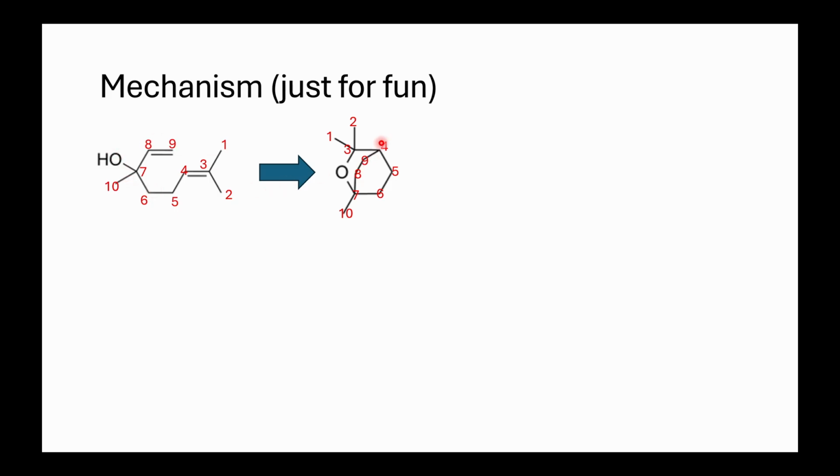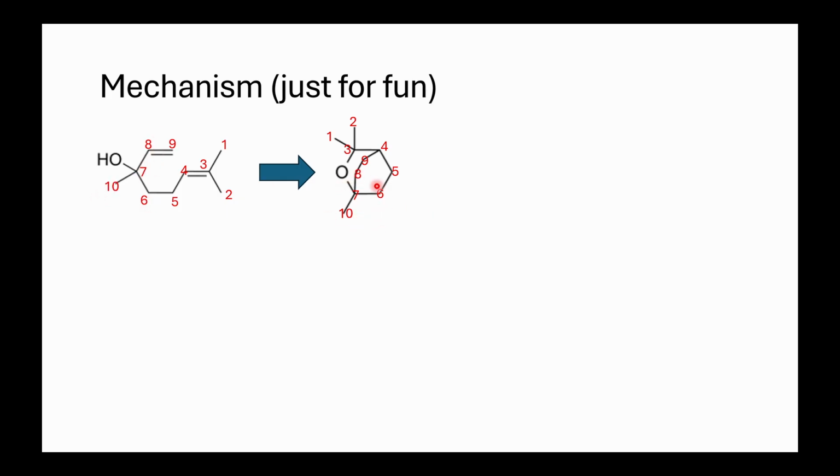And then you can label the carbons in the final compound. Sometimes you can't do that very easily, but here you can. This carbon center, number 7, is quite identifiable by being connected to an oxygen, a methyl group, and 2 other connections. So you can see that it's connected to 8, 6, and 10.